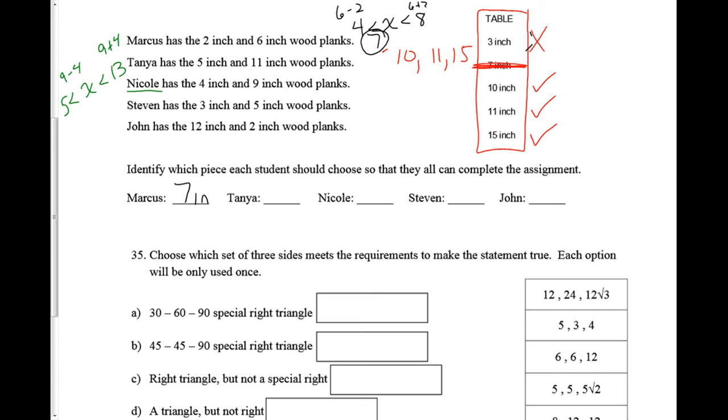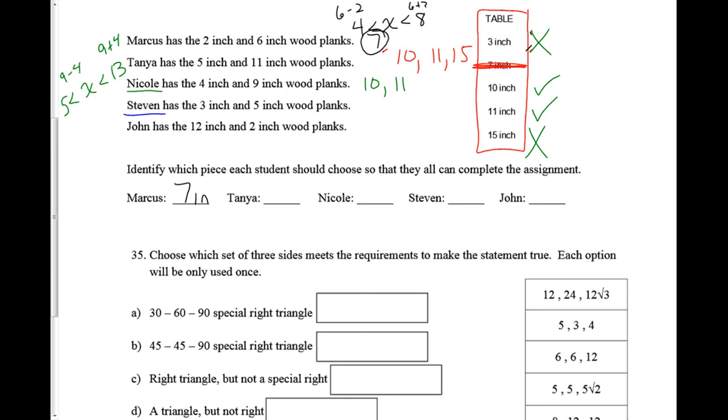So I come over to the table and I figure out what pieces could possibly work for Nicole. Well, 3 is not bigger than 5. 10 is bigger than 5 and less than 13. 11 is bigger than 5 and less than 13, and 15 is not less than 13. So we either have the 10 or the 11 for Nicole. Moving on to Stephen.